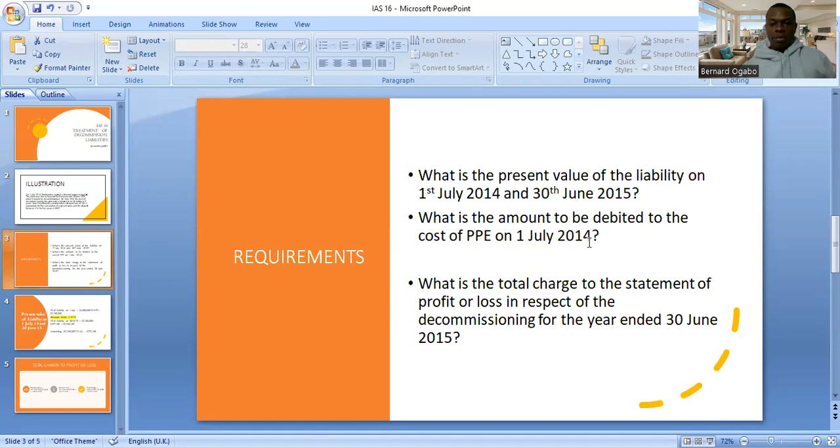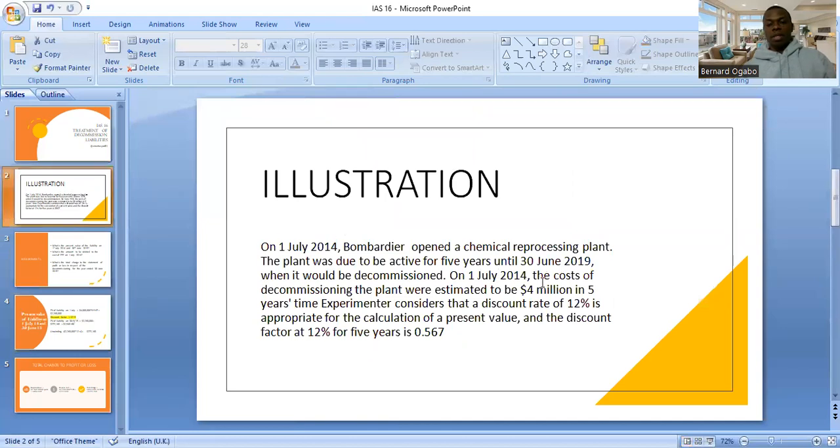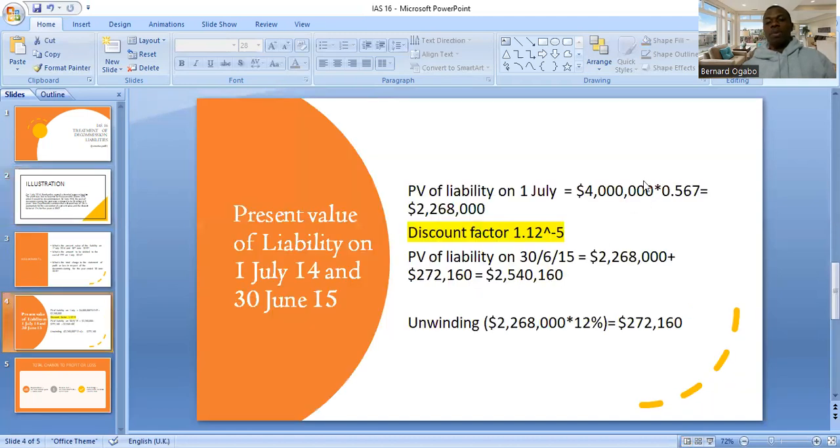As at the inception of the contract, when we need to add this cost to the cost of PPE, we are not going to add the 4 million that we are paying in 5 years' time. We add the present value of the 4 million payable in 5 years' time as at today, which is 2,268,000. So this will be added to the cost of PPE.